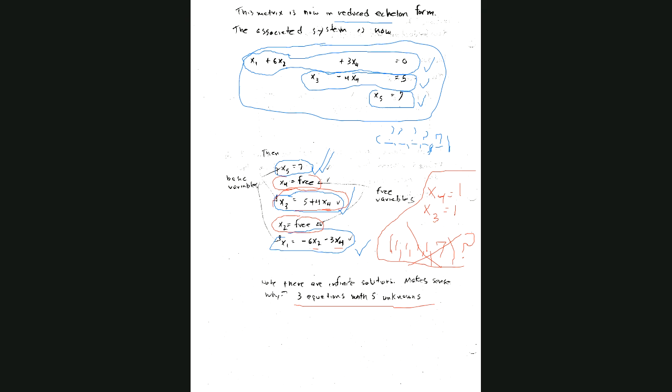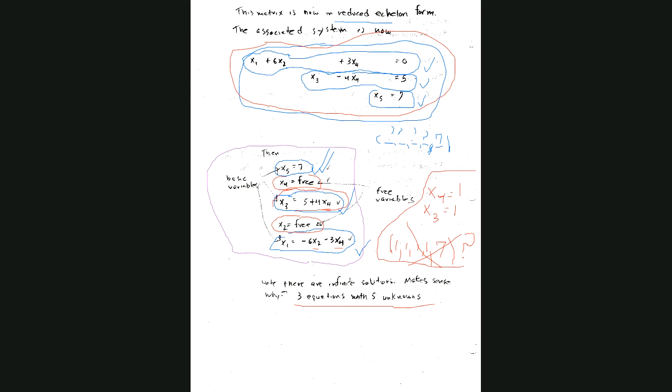However, based on the reduced echelon form, or the equations that we have, this is the easiest solution. And x5 equals 7. x5 is just 7. It always has to be 7. Its value is constant.